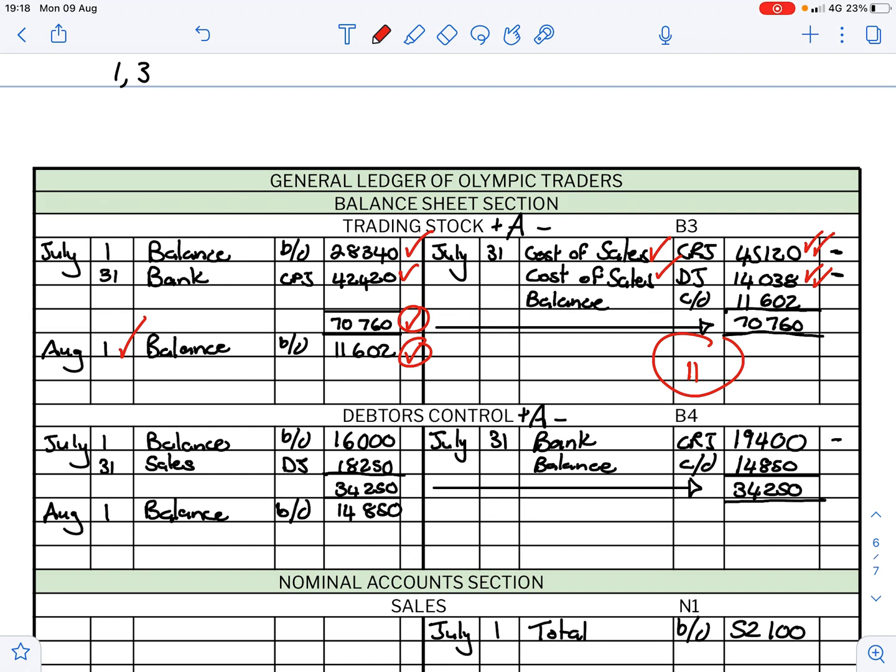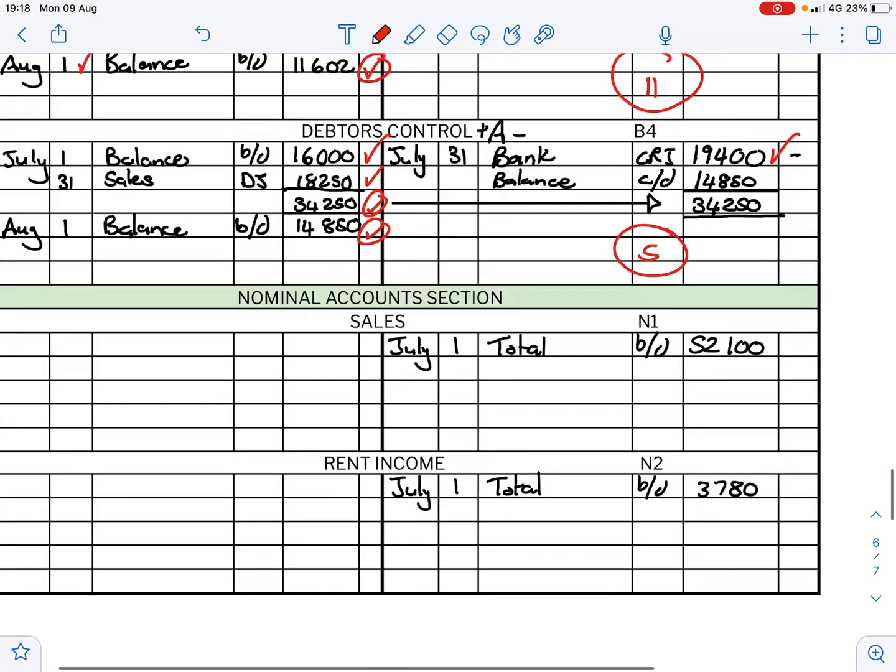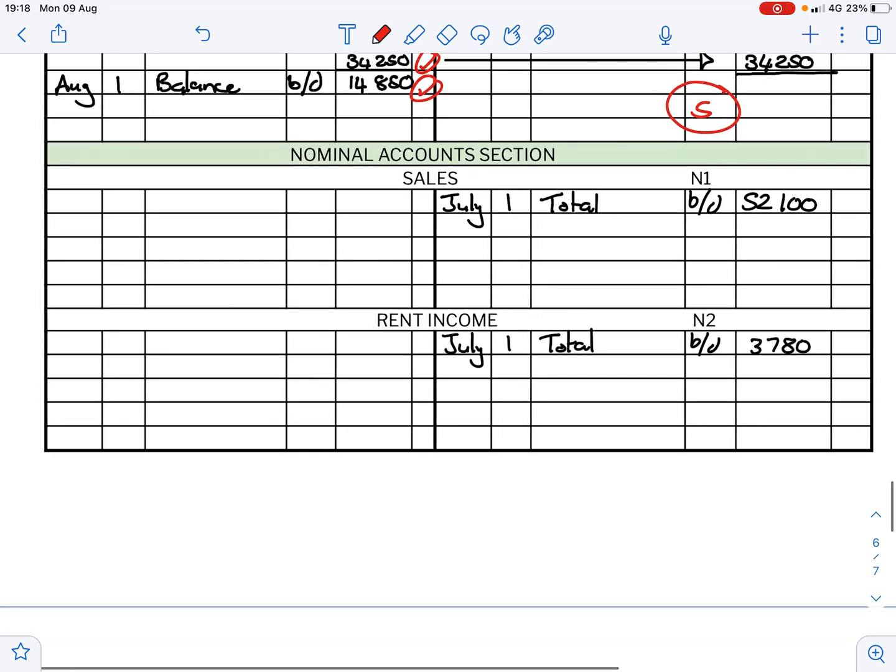If we have a look at where marks are allocated, you get 1 mark for putting in your balance correctly, 1 mark for carrying through your sales figure from the DJ, another mark for carrying through your debtors control column from the CRJ, people paying us back, and for pulling our correct balances across, you get another mark, leaving us with 5 marks for our debtors control account.